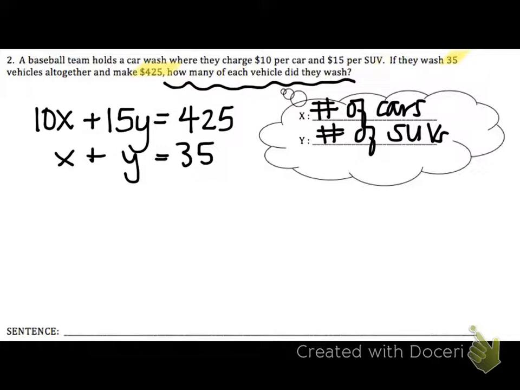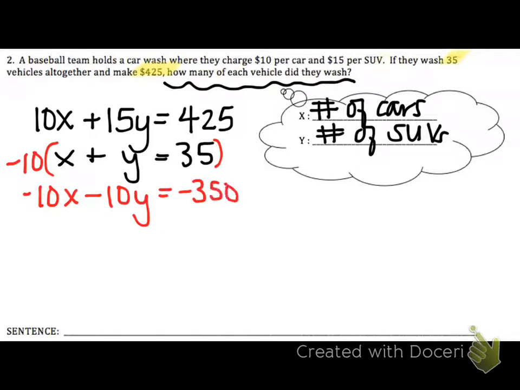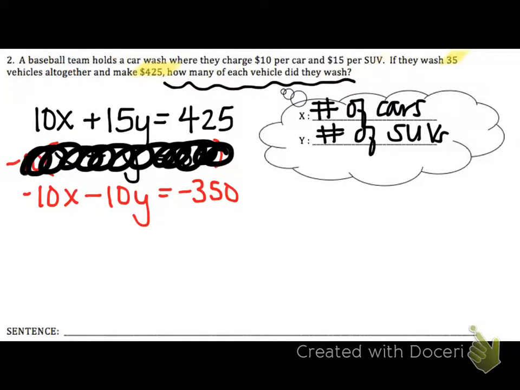So now we're going to have to remix and solve. I'm going to remix by a very easy number. It is so easy to multiply by tens. So I get negative 10x, negative 10y equals negative 350. Okay, just to keep things simple, I am going to scratch this one out, although I may want to use it later.